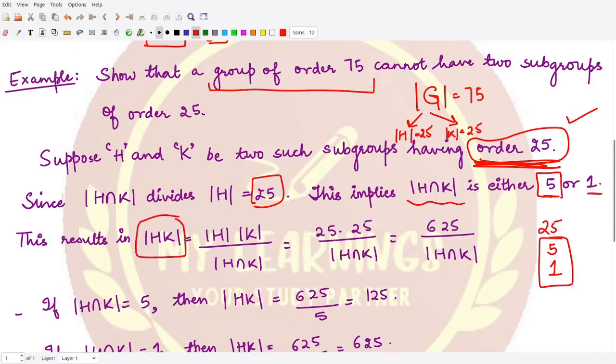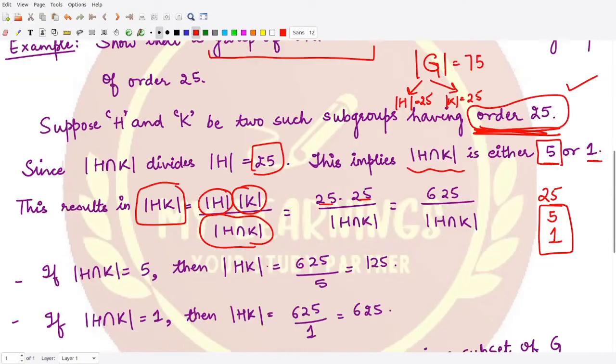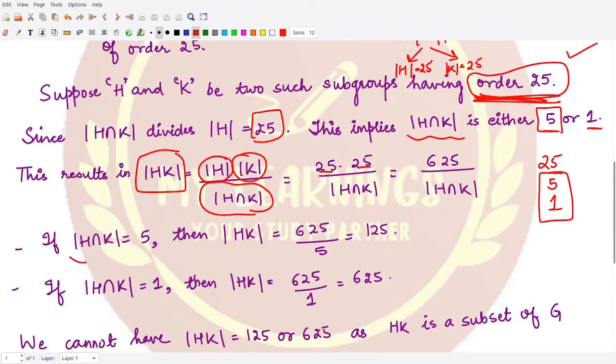We have assumed the order of H as 25 and the order of K also as 25, and we are now considering the order of H intersection K as 5. So we substitute the value 5 here. 25 times 25 is 625, divided by 5 is 125. So the order of HK comes out to be 125 in this case.